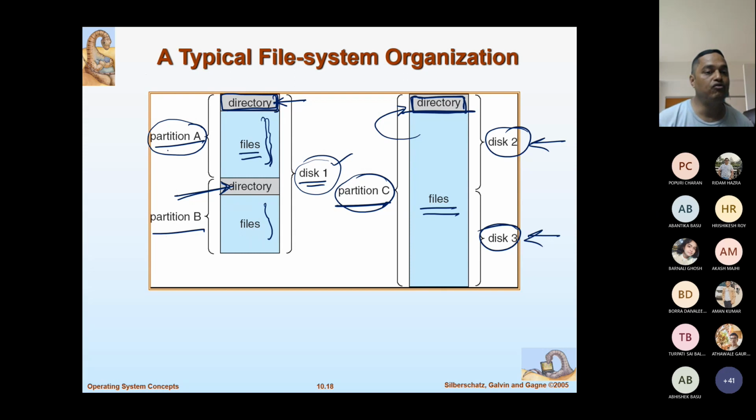The operating system is the manager who is managing this directory structure. So as the operating system is corrupted or crashed, you are no more able to access this directory.